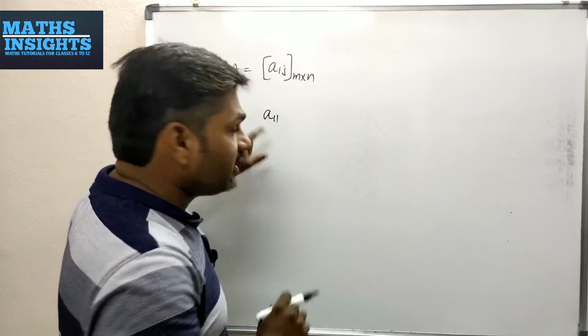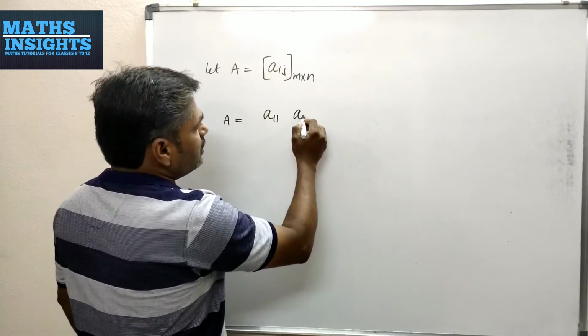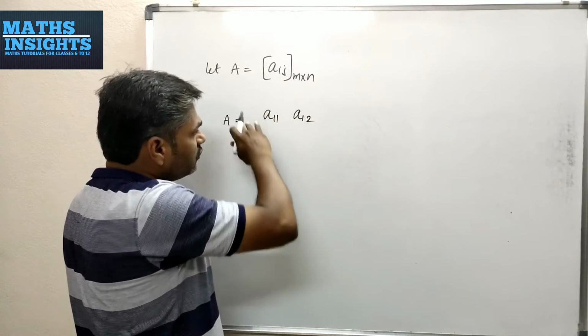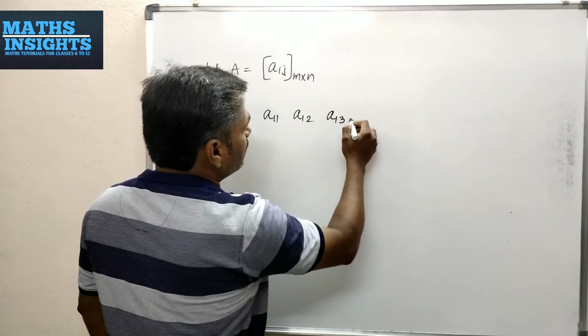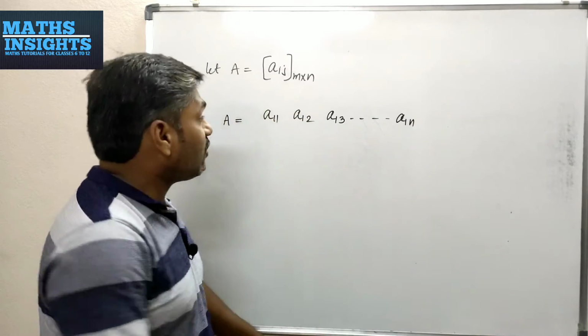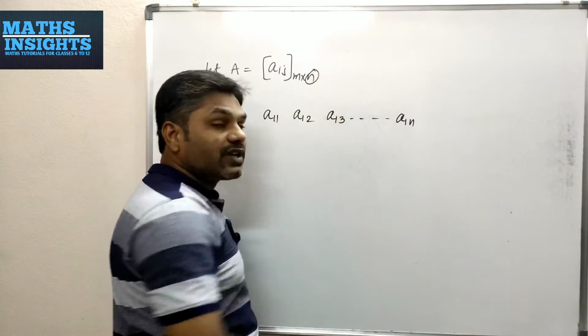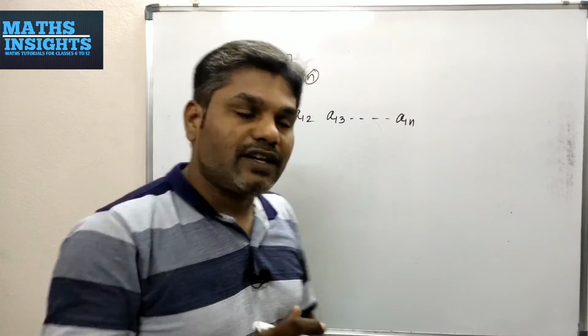Next, first row, second column. First row, third column, and so on. First row, nth column. See how many columns there are? There are n columns, so we have to expand up to n columns.